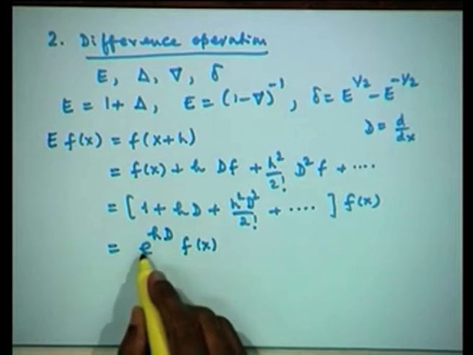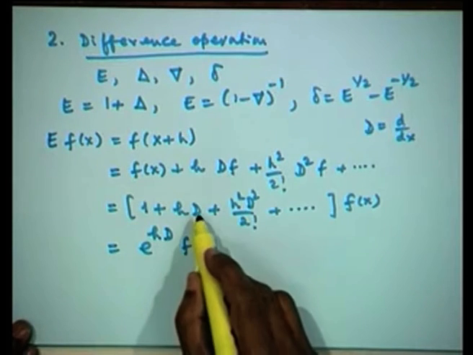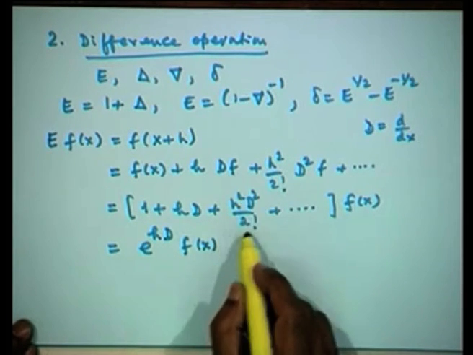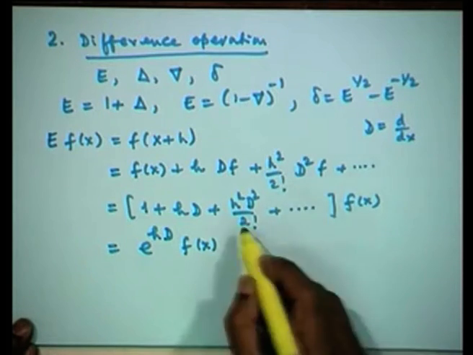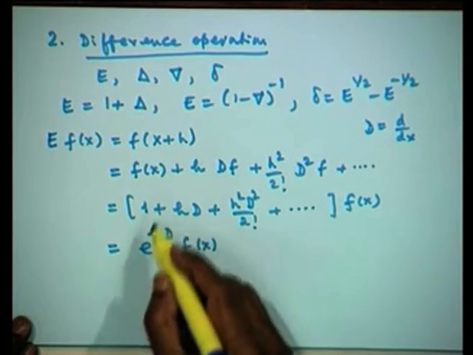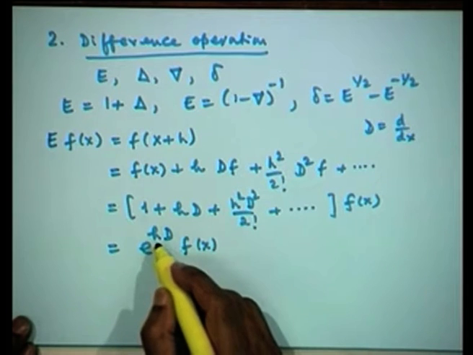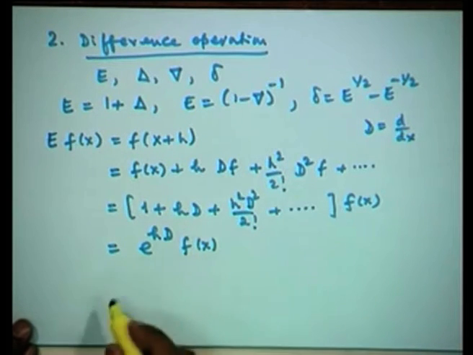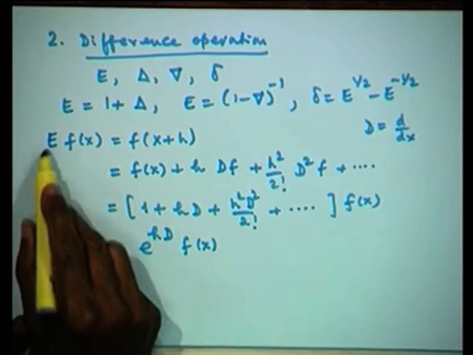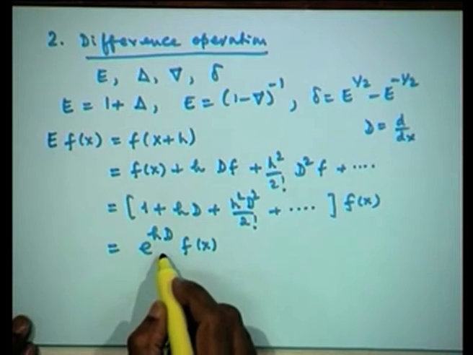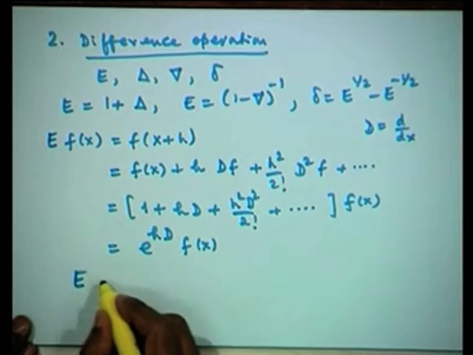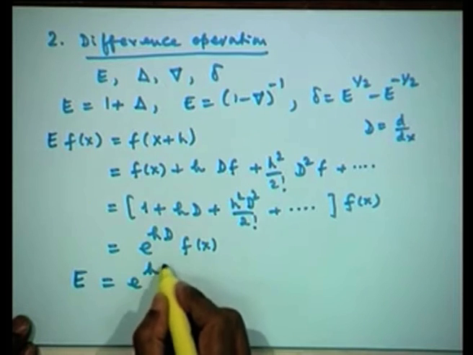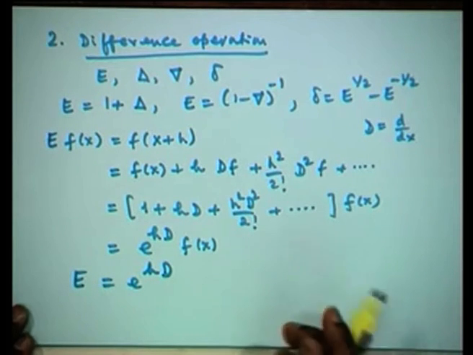So, if I open up exponential of h d, we will have 1 plus h d, h square h d whole square by factorial 2, h cube d cube by factorial 3 and so on. So, whatever is there in the bracket is the symbolic expansion of exponential of h d. Therefore, the operator E must be equivalent to the operator exponential of h d.